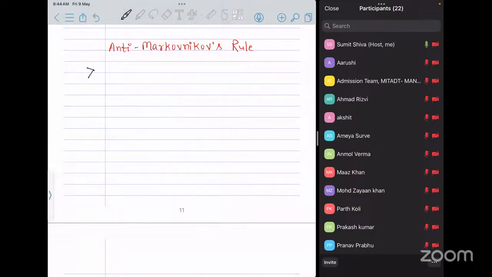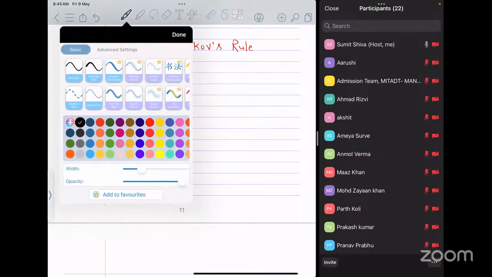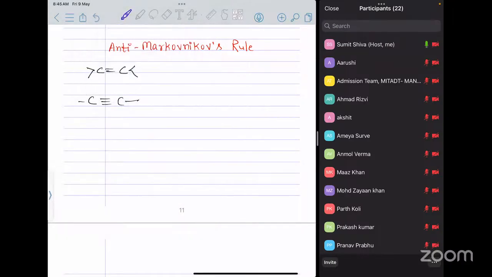It also works on unsaturated hydrocarbons, single bond or double bond or triple bond. But a special feature of the anti-Markovnikov rule is that it will work only with HBr, not with any other halide. It will not work for HCl, HI or HF, but only and only for HBr.